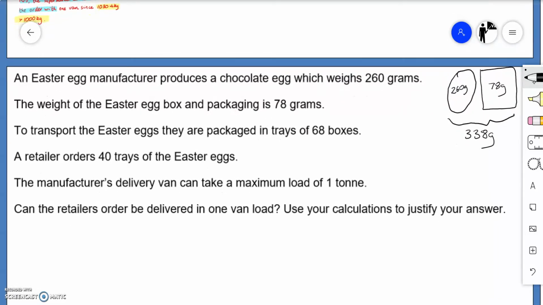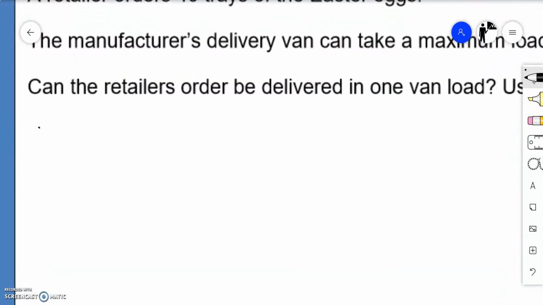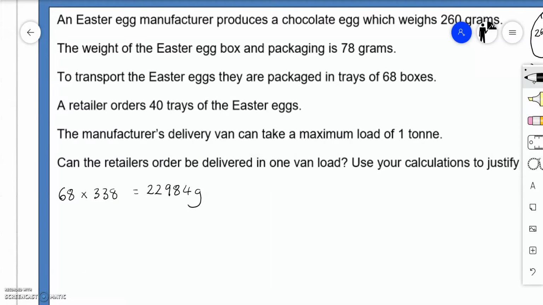To transport the Easter eggs, they are packaged in trays of 68 boxes. So this is the weight of one box, and we are getting 68 of them. So we're going to get 68 lots of 338. That's going to be 22,984 grams for one tray.